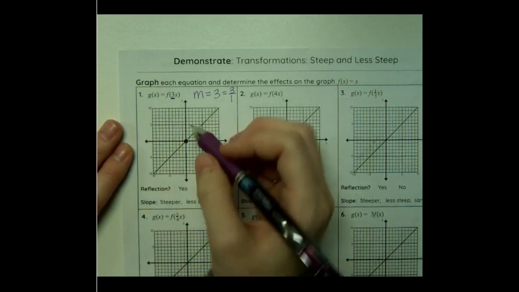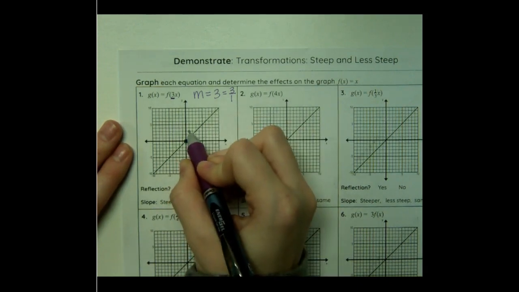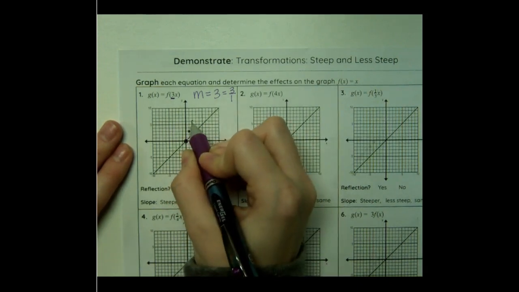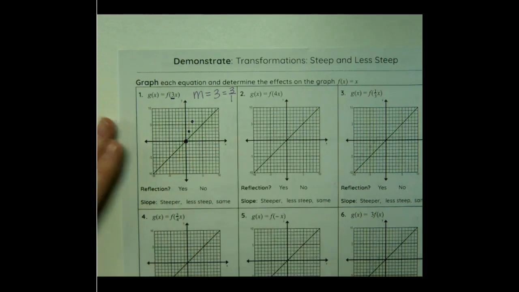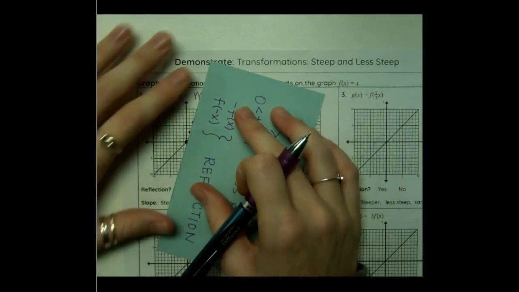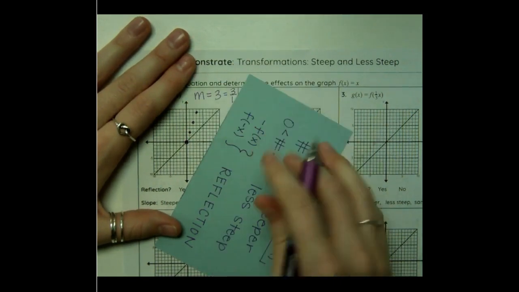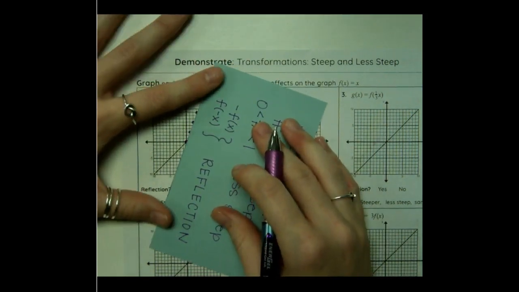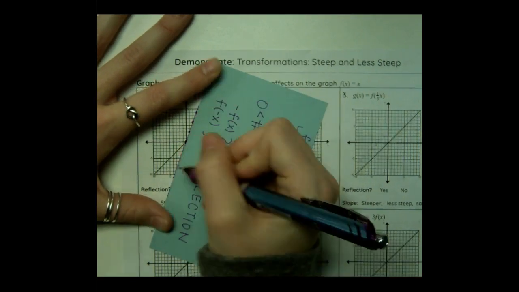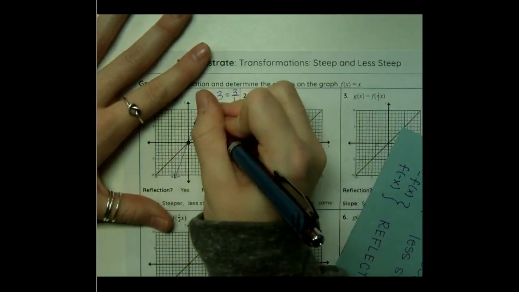I'm going to use my slope, positive 3, 1. Positive 3, 1. I'm going to make at least 3 points. 2 points doesn't always cut it. So I've made my 3 points. I'm drawing my line.